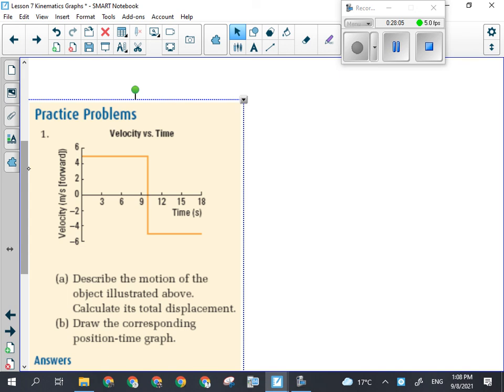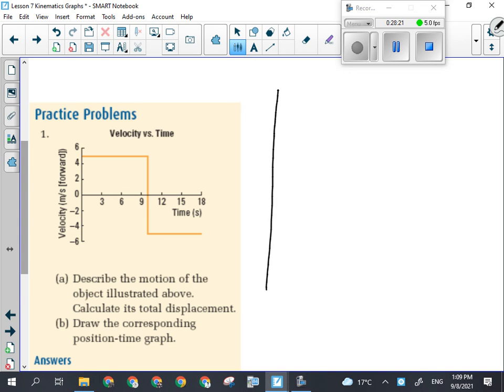So now we're supposed to draw what the position versus time graph of this looks like. Now I have to convert in my mind and ask, what does an object traveling forwards at a constant velocity look like? Well, I know that traveling forwards at a constant velocity is an inclined line.